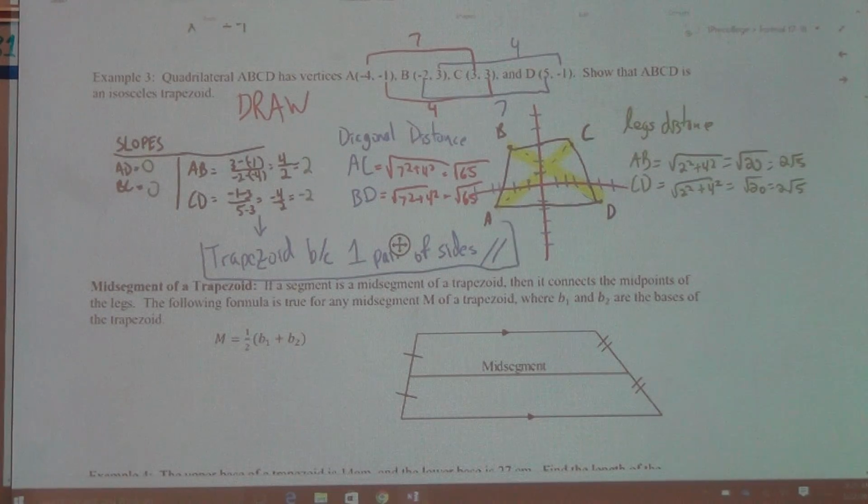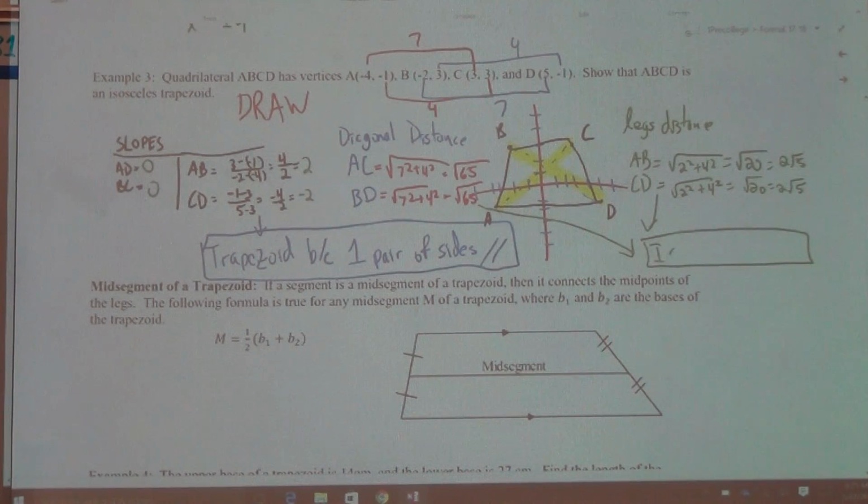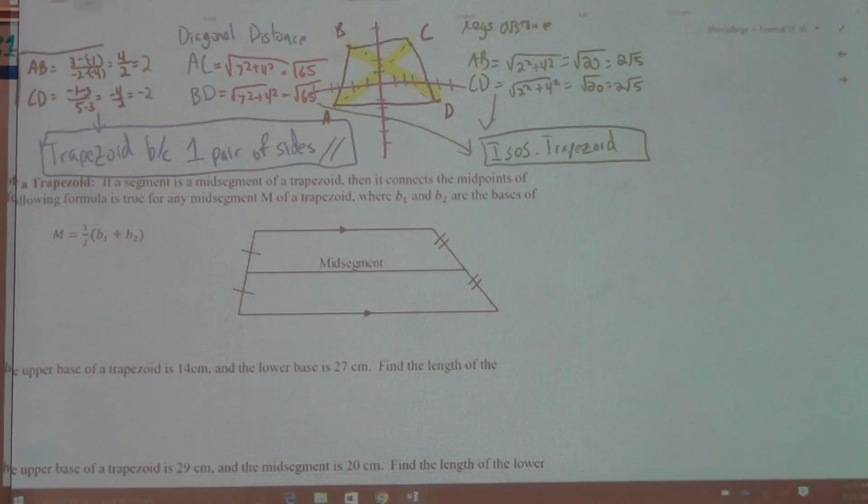And then either one of these distance options would tell you isosceles trapezoid. And your reason would be, well, either the legs are congruent or the diagonals. You would not need to do both, but I wanted to show you either of them.